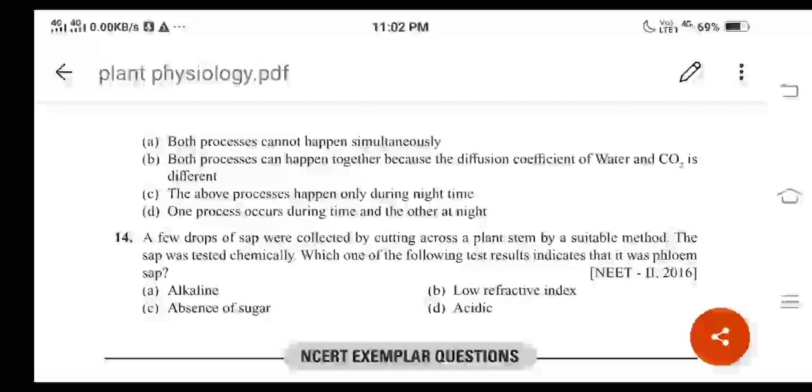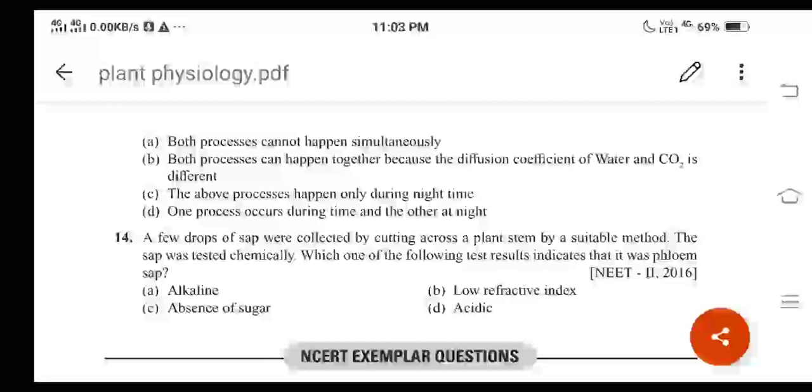This is called the diffusion coefficient, right? It will be different for water as well as carbon dioxide. So option B is the correct answer, right? Then let us go for the next question.